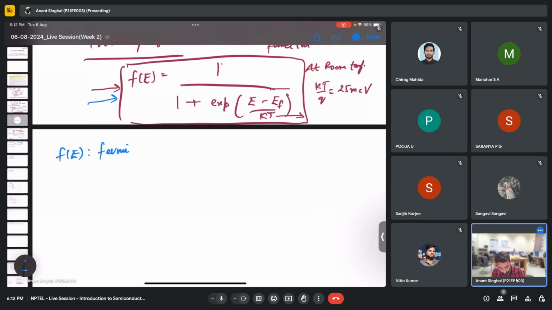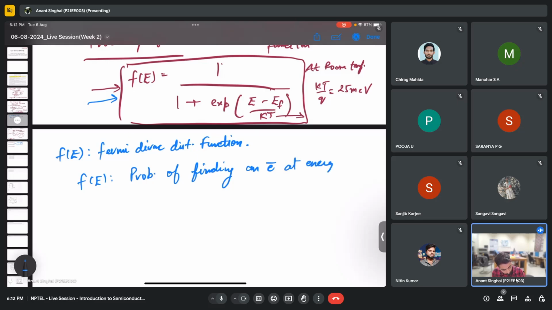Maybe I can write that also. So what Fe does is it gives out the probability of finding an electron at energy level E, that is given here, at temperature T. Then similarly, since it is a probability, it will be 1 if there is an electron.